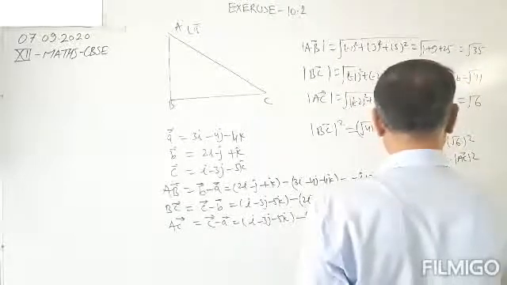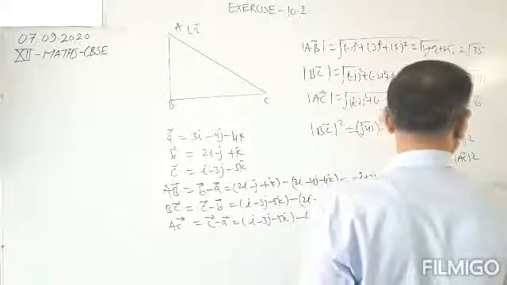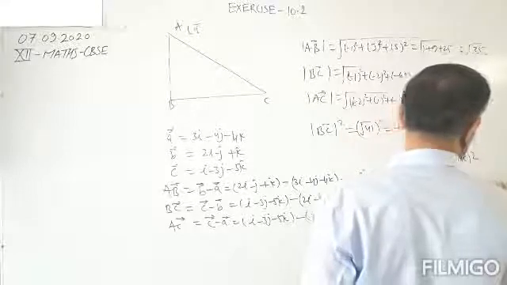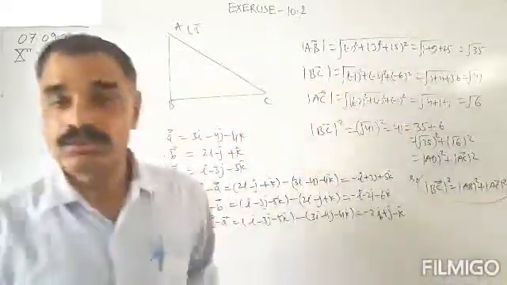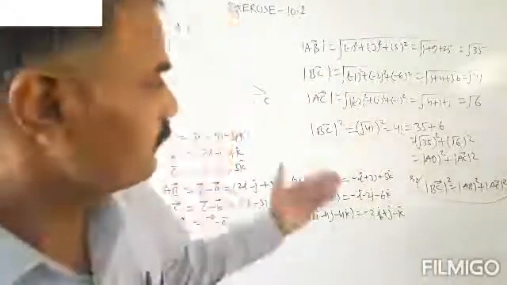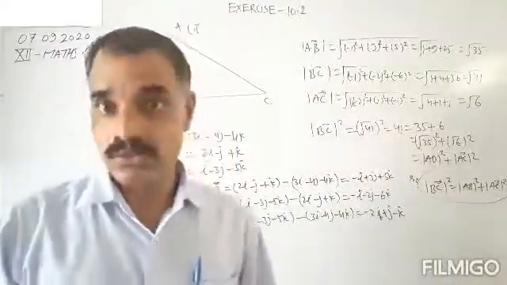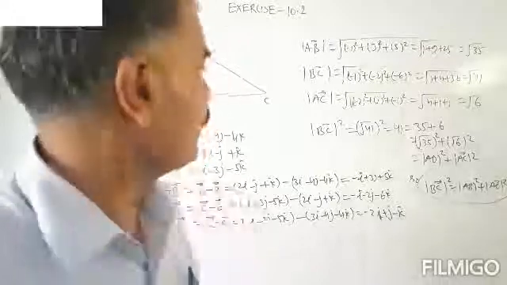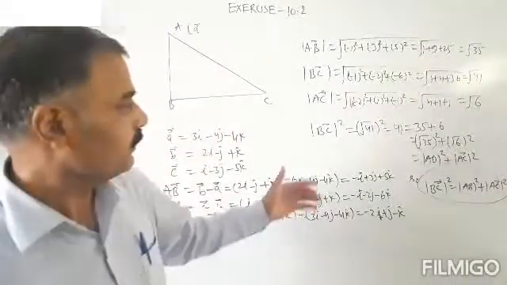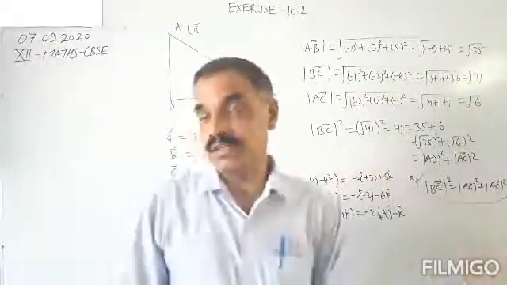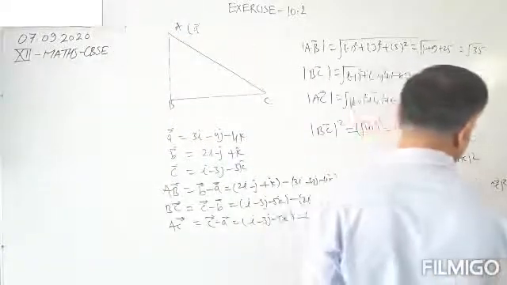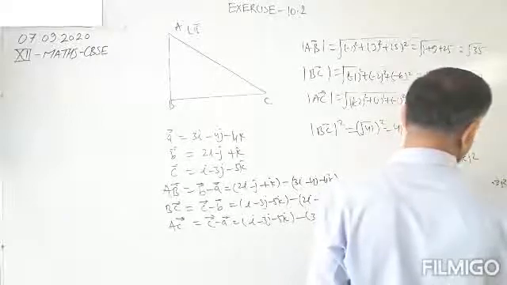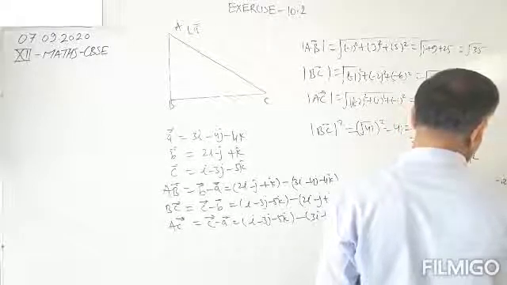We conclude that BC vector square is equal to AB vector square plus AC vector square, and we know that this is the Pythagoras theorem. So in triangle ABC, the Pythagoras theorem is satisfied. That is why the given triangle is a right triangle. So what is the result? Triangle ABC is a right angled triangle.